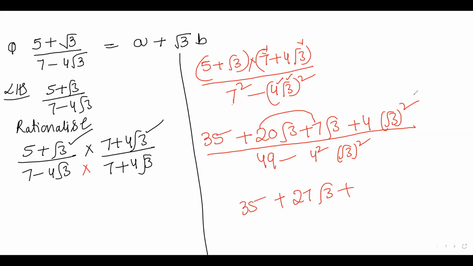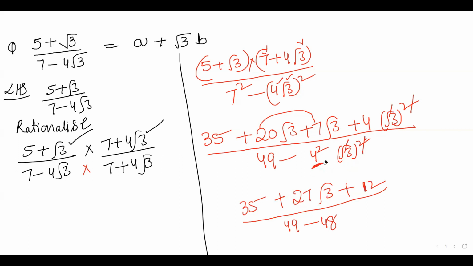Square and root cancel, 4 threes are 12 by 49 minus these two will get cancelled. 4 square is 16. 16 threes are 48.